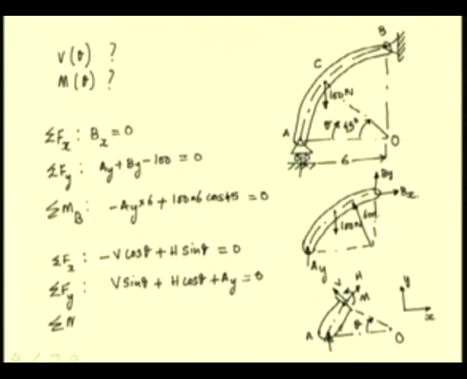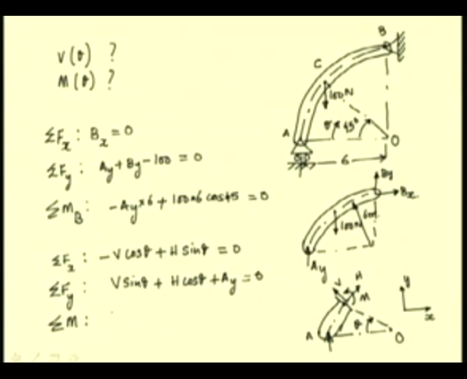Let us take the moment summation about, say, this point O, because this V, the shear force, is radial and passes through this point O, and it can be avoided in the equation.